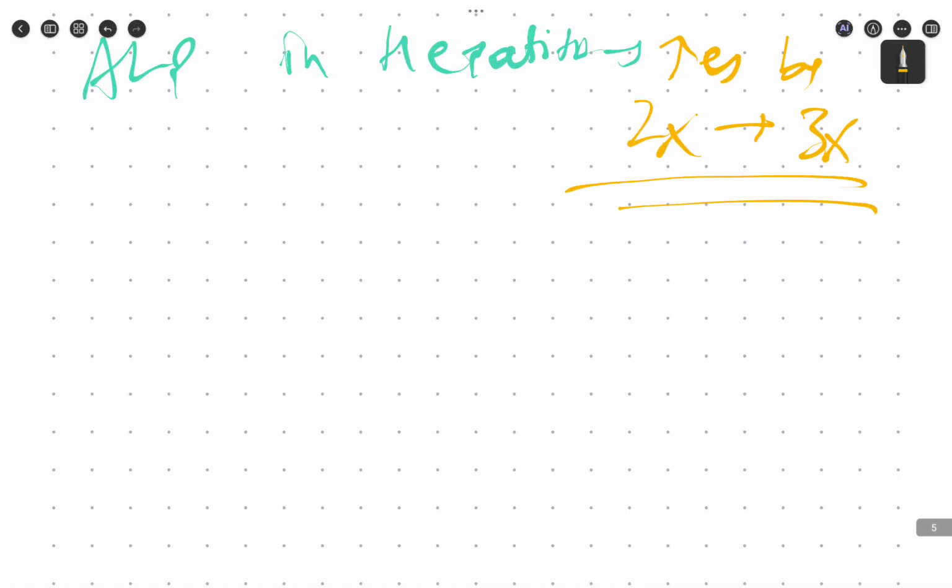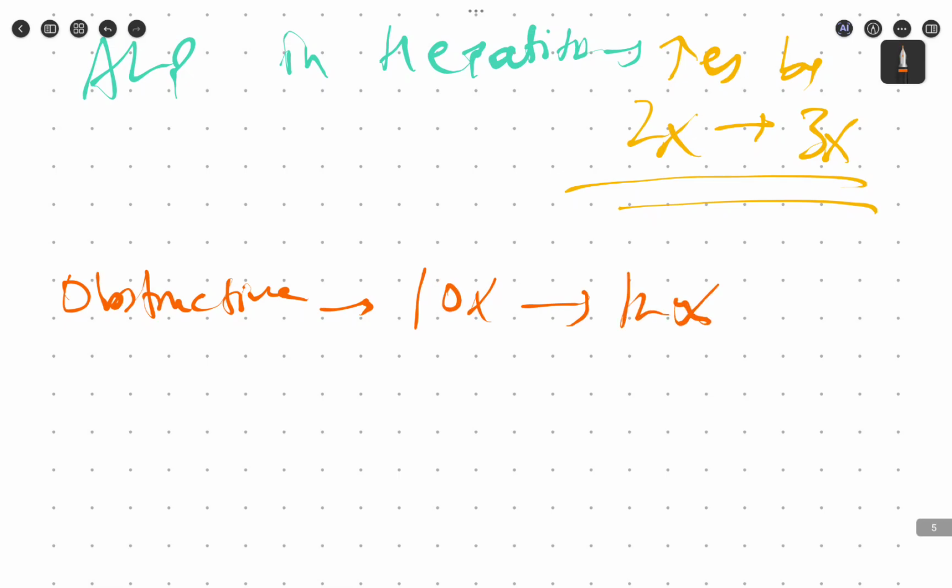Then after, different obstructive diseases, for example, cholecystitis. So in cholecystitis the biliary duct is closed, so now the ALP will be increased about 10x to 12x. So 10 to 12 times the ALP level will be increased in obstructive cholecystitis, all right. So this is all.